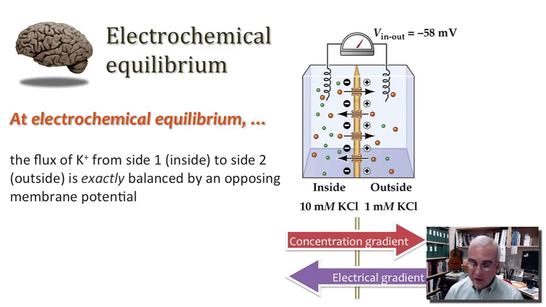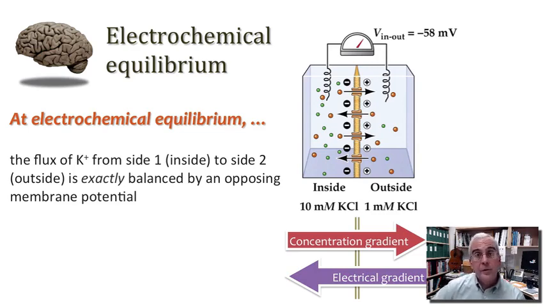And that gradient, as measured by our voltmeter, is precisely minus 58 millivolts. And I want you to understand intuitively, not so much quantitatively, what that magnitude of an electrical potential actually is, and how to get a feel for understanding changes in that potential across a neuronal membrane if you know something about the permeant ions and their concentrations.